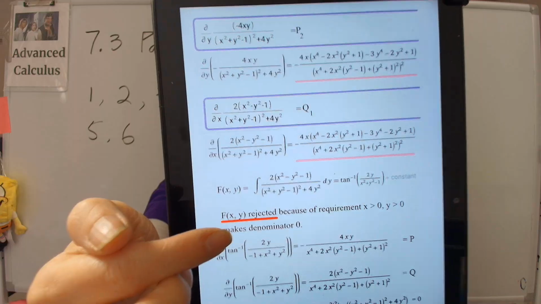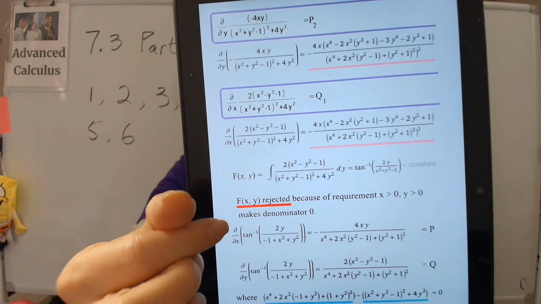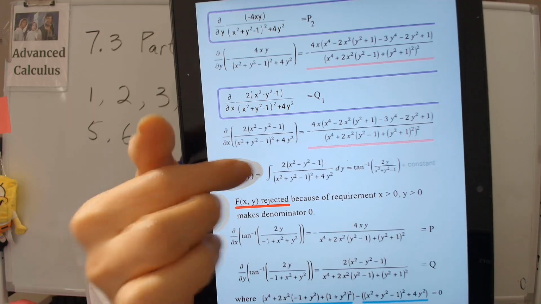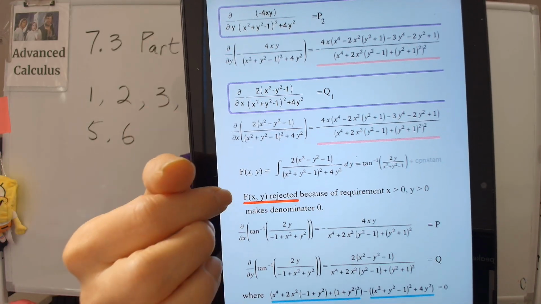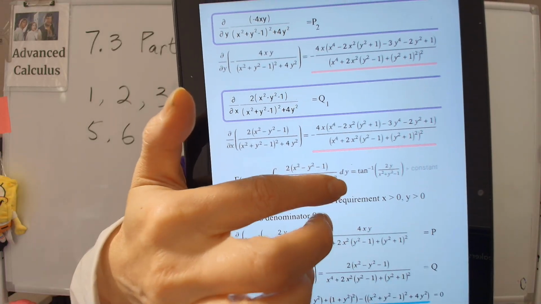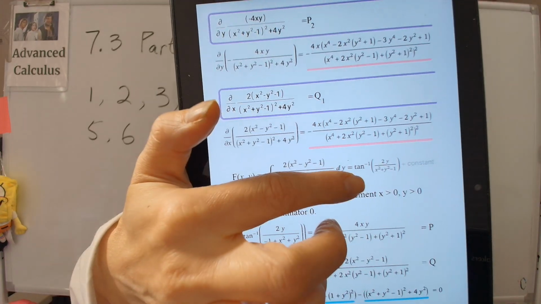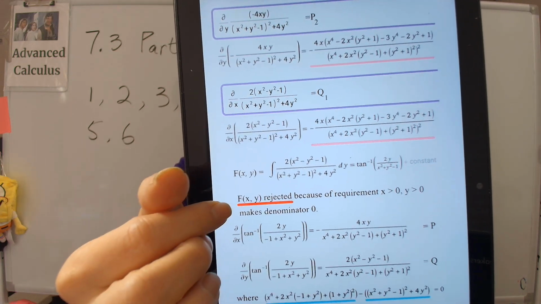The problem is that this fx, the tangent inverse of this value, is when we require the x and y to be bigger than 0. So there are values such that this function has a denominator equal to 0 in x bigger than 0 and y bigger than 0.